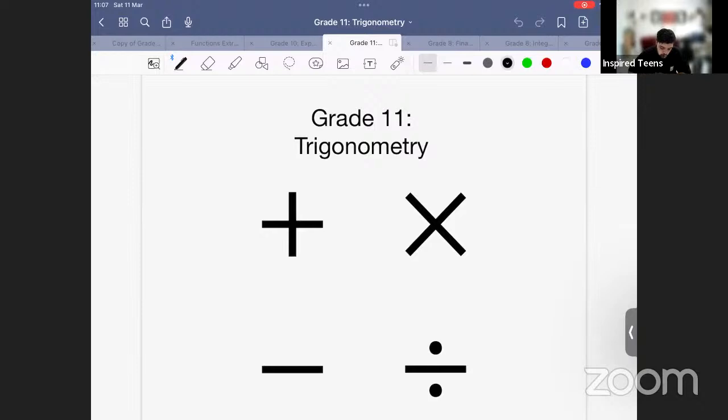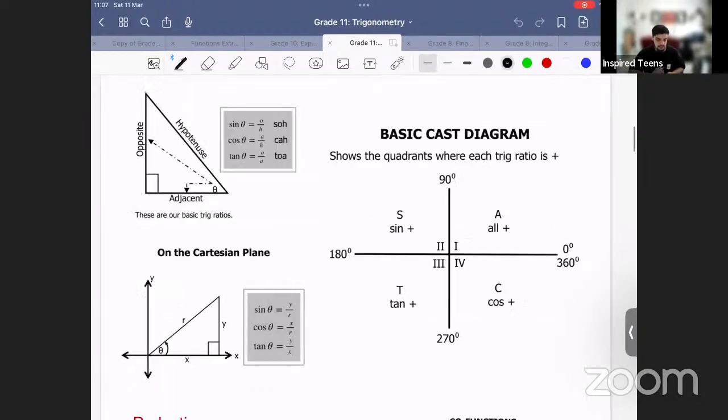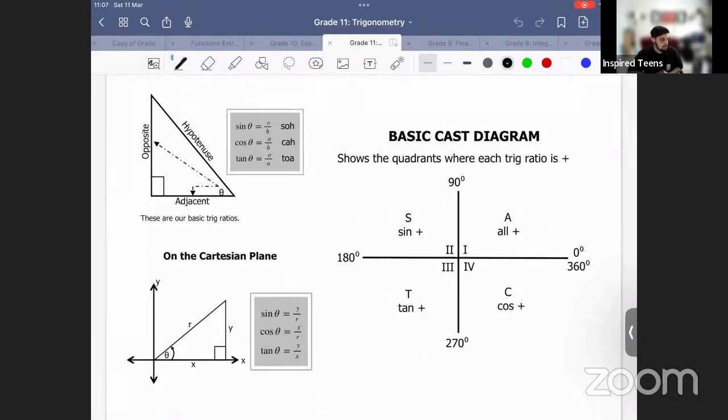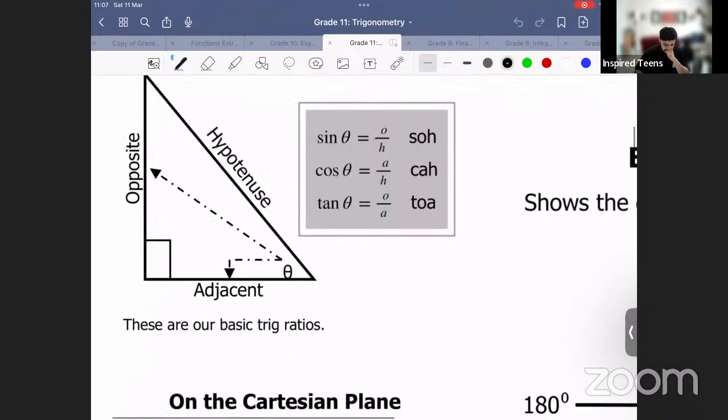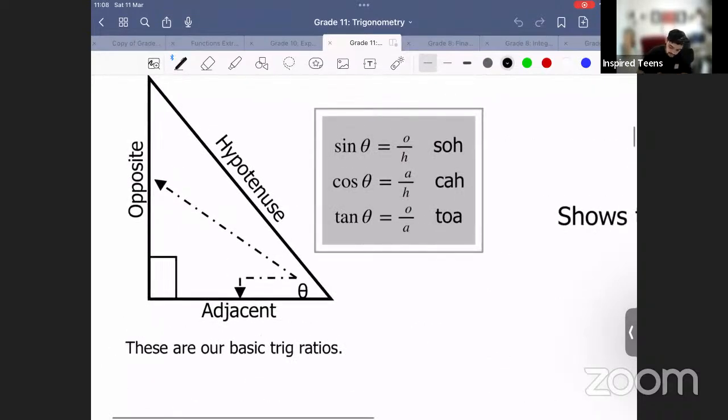Okay, so let us start trigonometry. We're going to go through some basics and then eventually we'll get to the hard stuff. Firstly, we're going to talk about this.